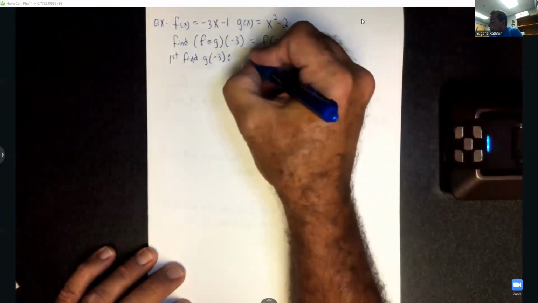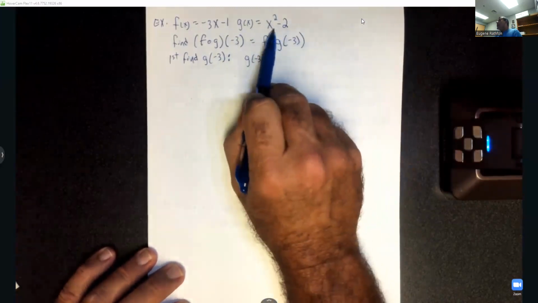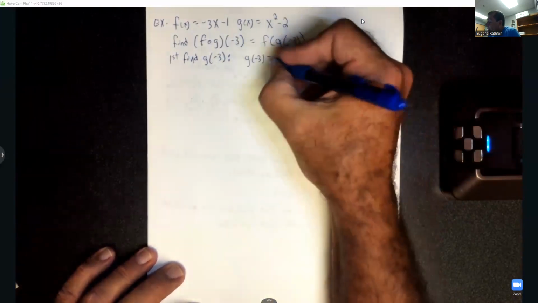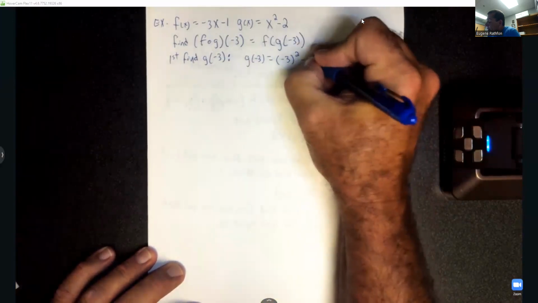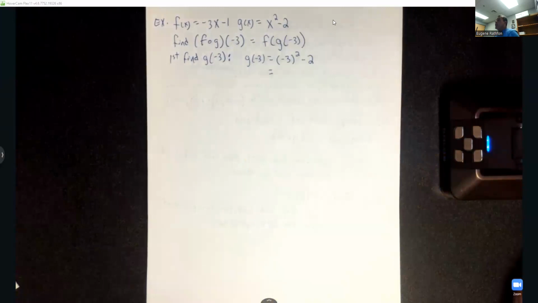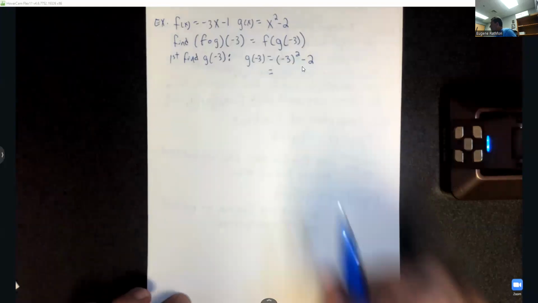All righty, y'all. So we know g of negative 3 is going to be my g equation, putting a negative 3 in for that x. So that's going to give me negative 3 squared minus 2. And y'all, I really can't stress enough, if you do this on that calculator, you got to put the negative numbers in parentheses.